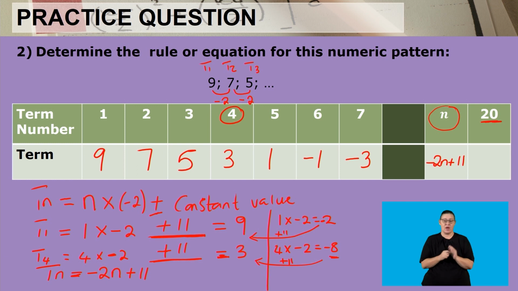That is going to be our negative 2 multiplied by 20, which we are calculating our 20th term. And then we are going to add an 11. Now, do you know what the answer is going to be? Well, if you have a negative 29, then you are absolutely correct. And that is, of course, our 20th term.